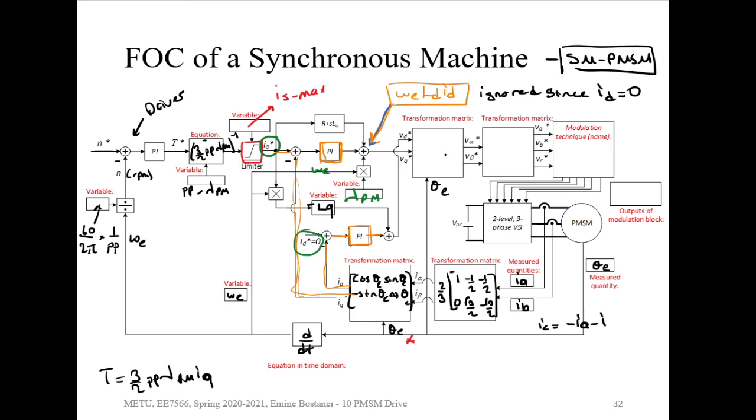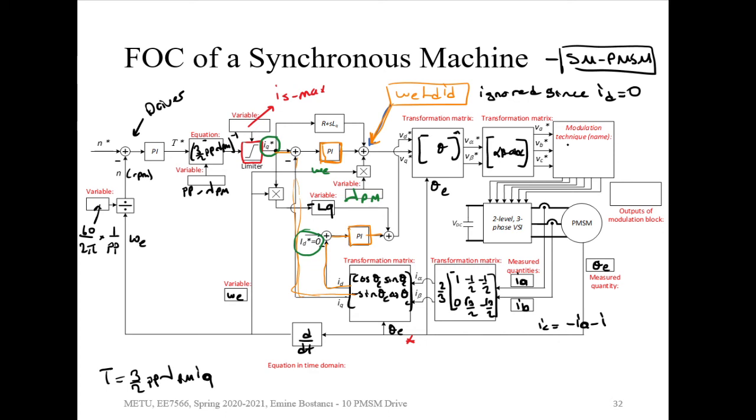Once we have the VD, VQ references, we can apply the inverse transformation with theta to get alpha beta, and then the inverse transformation from alpha beta to ABC, and we can get VA, VB, and VC.